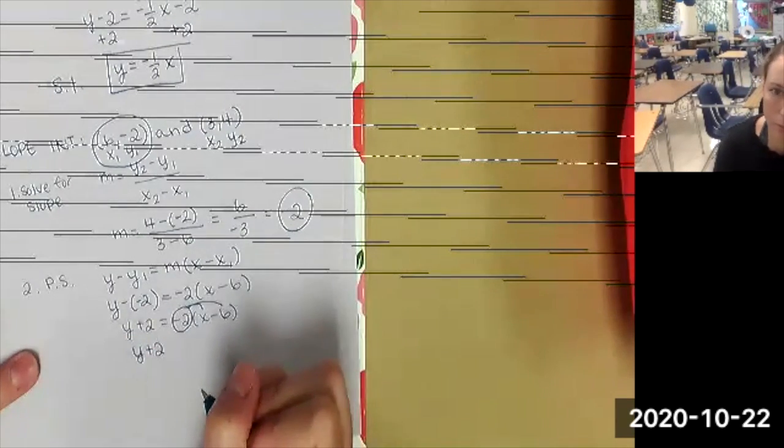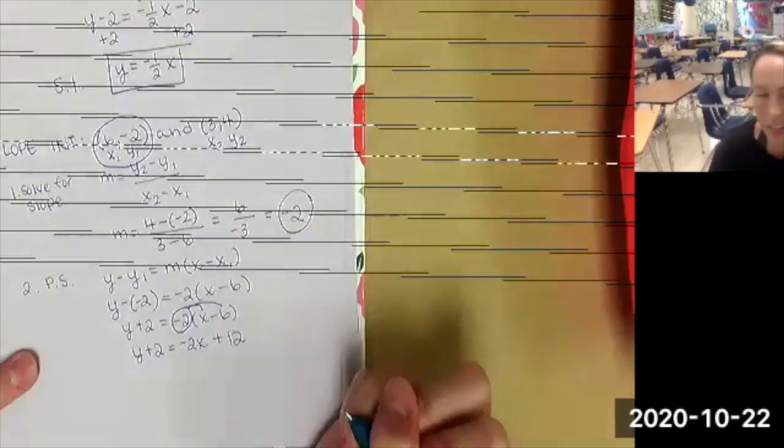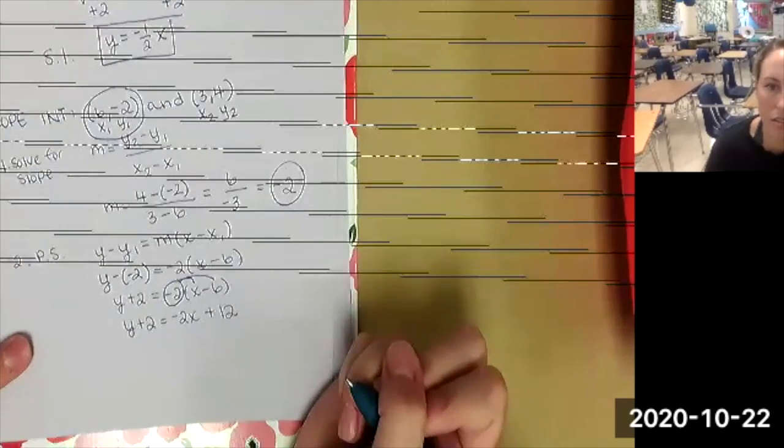So that gives me y plus 2, and I'm solving for y to put it into slope-intercept form, equals -2x plus 12, because it was -2 times -6. And then I have to subtract 2 from both sides. And that gives me y equals -2x plus 10. And that is slope-intercept form.